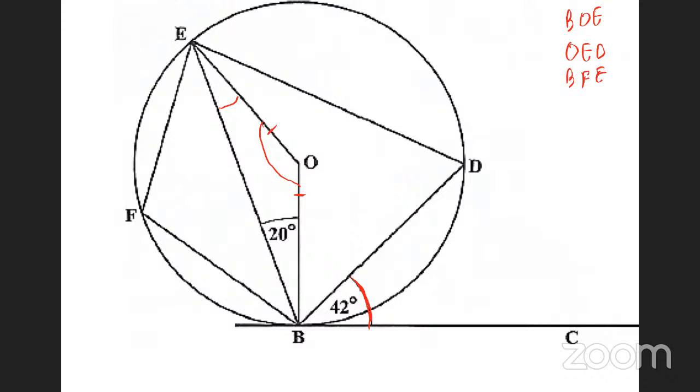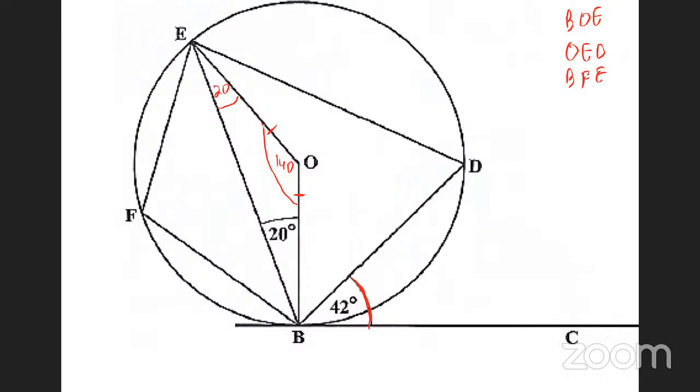All right, let's see if we got it. Angle BEO will be 20 as well. Because it's an isosceles triangle, here will be 180 minus 40, which is 140.